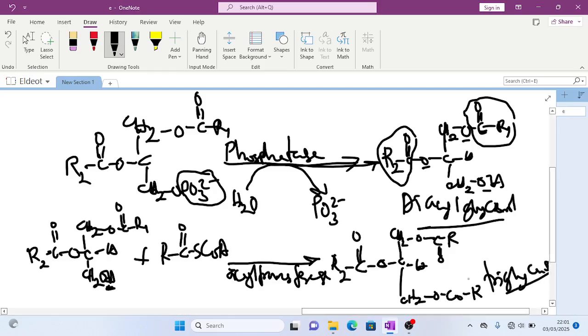So triglycerides can be formed by acylating a diacylglycerol in the presence of the enzyme acyltransferase. So that's one of the products formed from diacylglycerol.